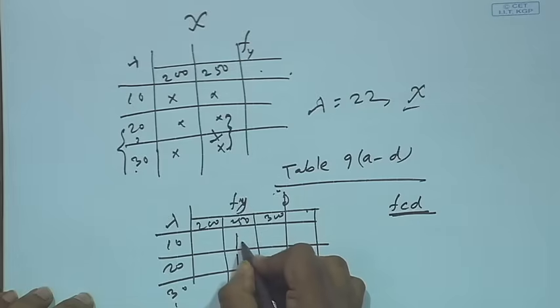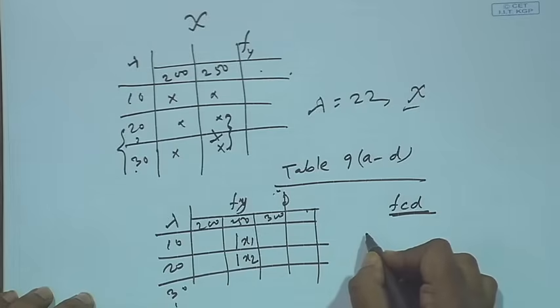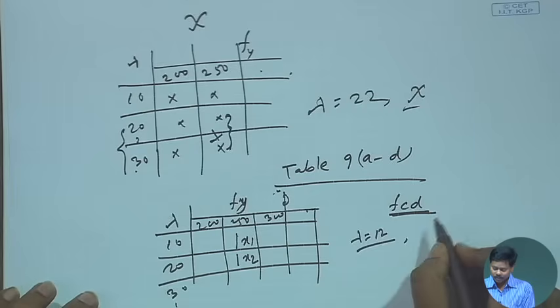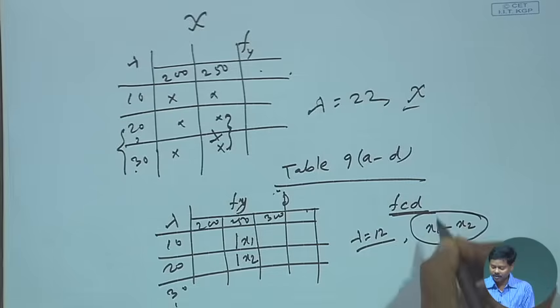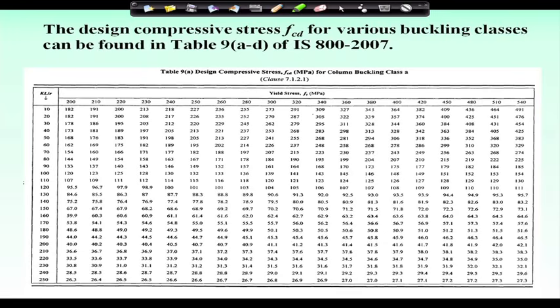Say this is x1, this is x2 for 10 and 20. Then for lambda equal to, say, 12, we can find out the value of FCD in between x1 and x2 by interpolating the values, right. So, very quickly one can find out the FCD value by using Table 9. Table 9 has 4 tables A, B, C, D with respect to buckling class A, B, C, D.